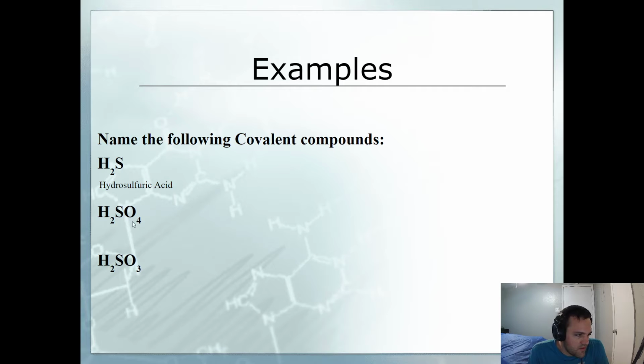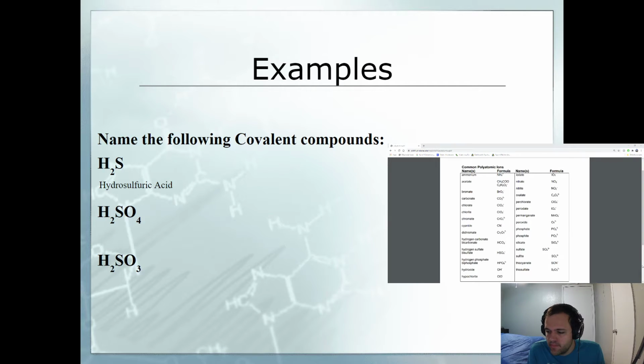All right, this next one, it has an SO4, and if we go look at our polyatomic chart that you guys have seen before, you can find sulfate down here. So SO4 is sulfate.